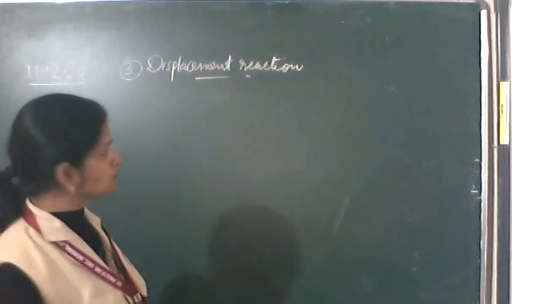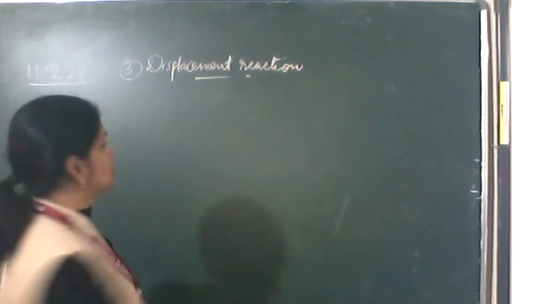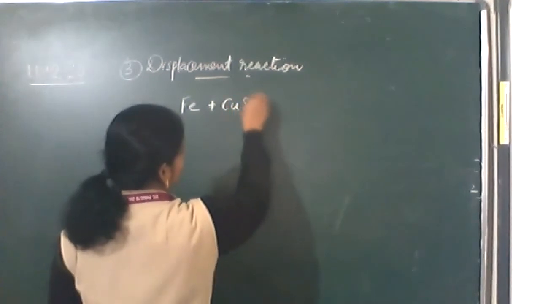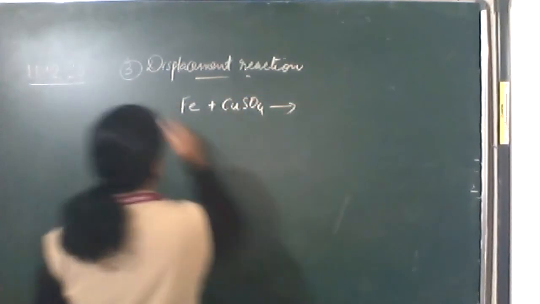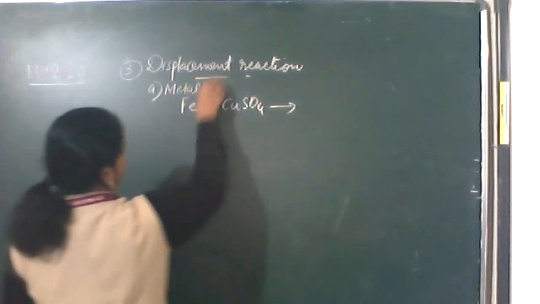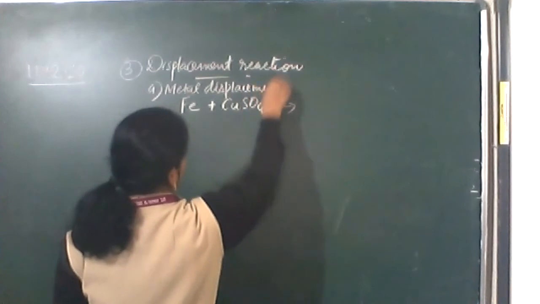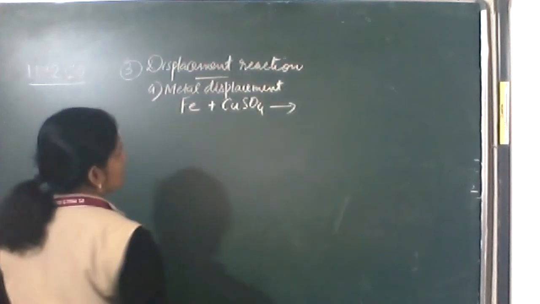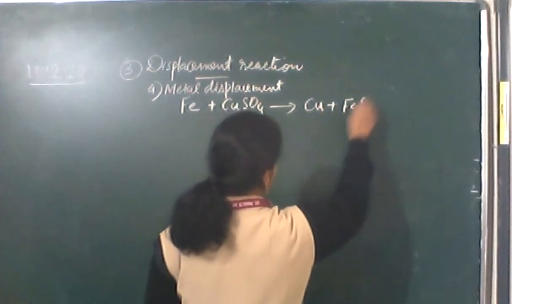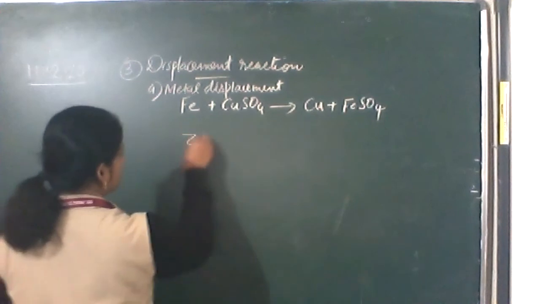For metal displacement, for example, an iron nail put in copper sulfate solution, or zinc put in copper sulfate.